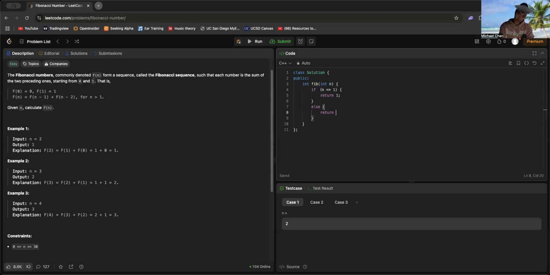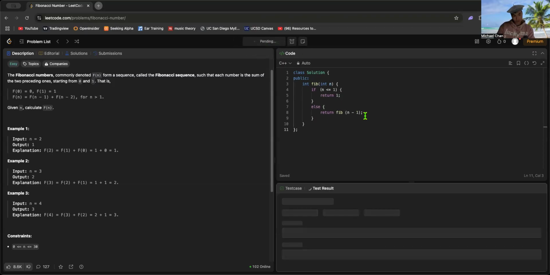this should return fib n minus one. Right, okay. This should work.